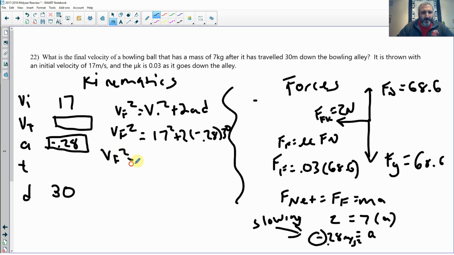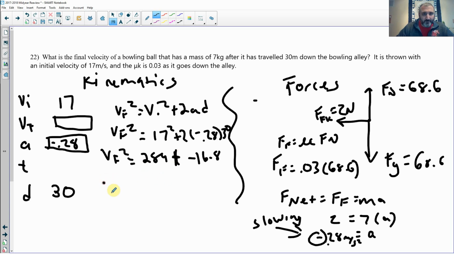17 squared, let's just do some math. V_f squared equals 289 plus 2 times negative 0.28 times 30. 289 plus negative 16.8. 289 minus 16.8.